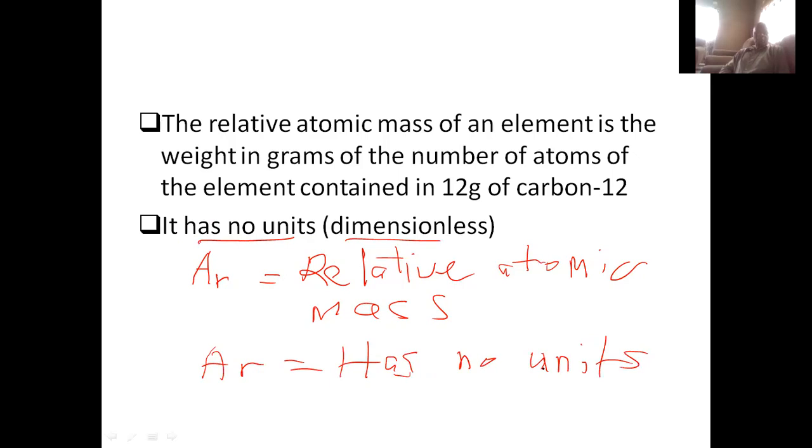So actually it has no units. But the most important thing is that each time we are looking at relative atomic mass of an element, we are comparing it to 12 grams of carbon 12.